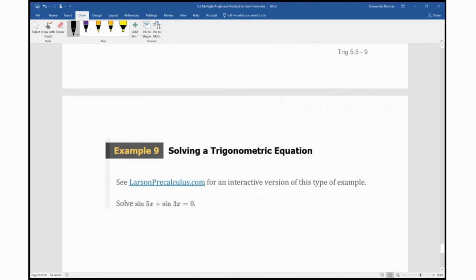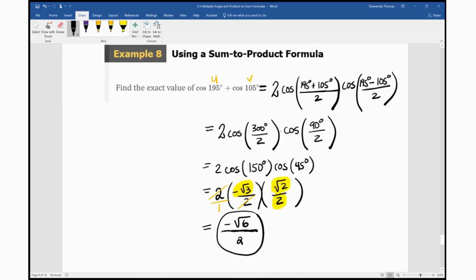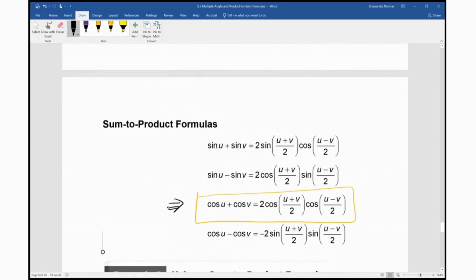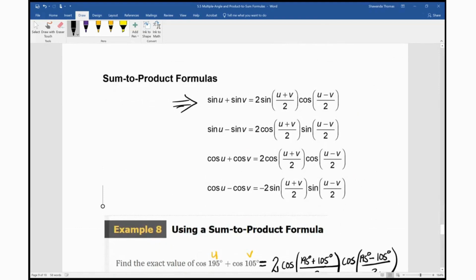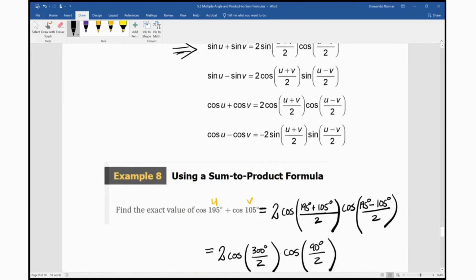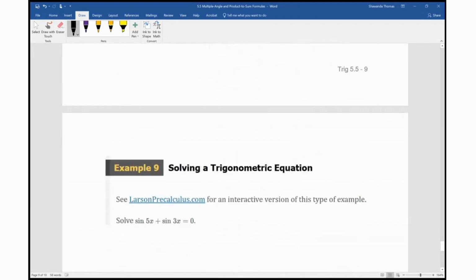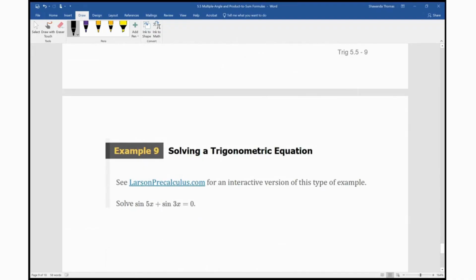The first one. What do you want u to be and what do you want v to be? u is 5x and v is 3x. All right.